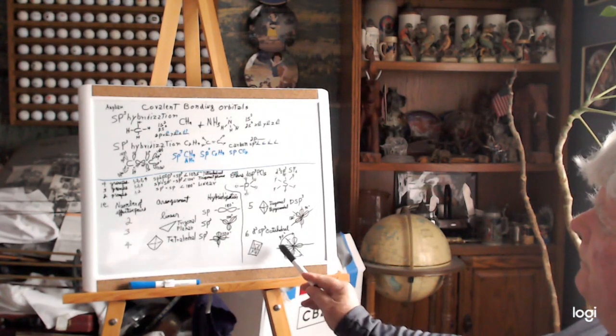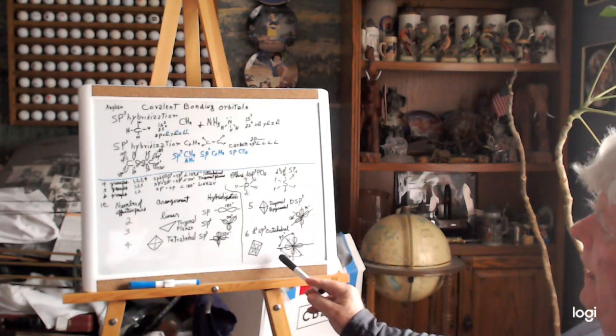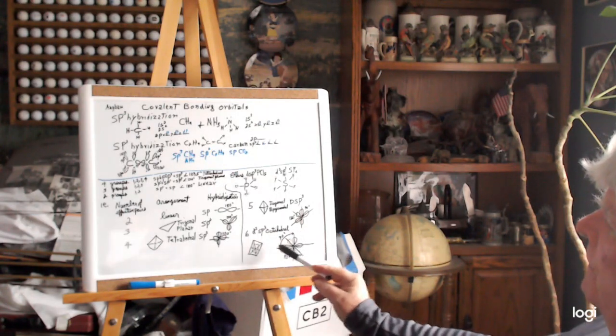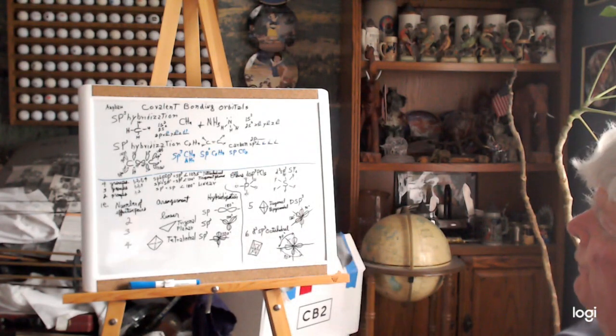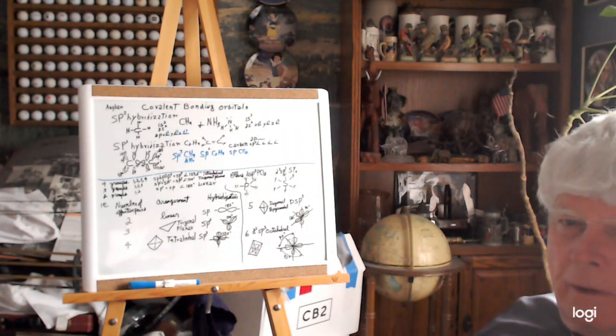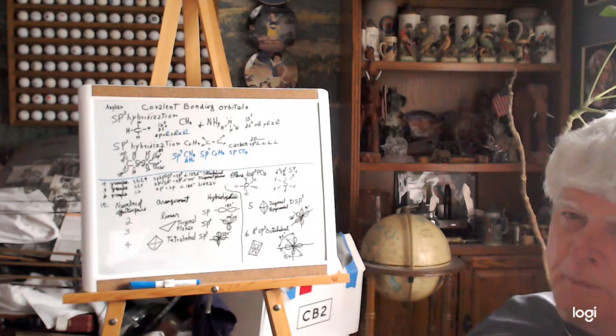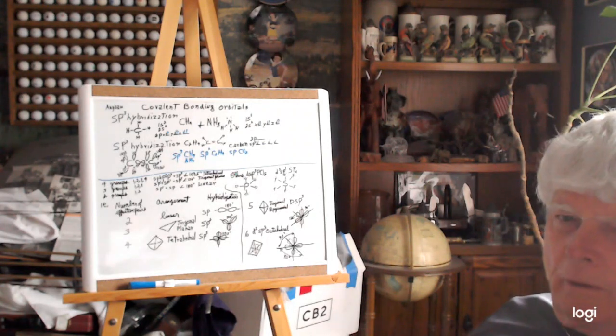And this one in the three-dimensional coming out is 90 degrees, and that one and the two-dimensional in frame is 90 degrees. So you have your 90-degree angles for your D2sp3, which is an octahedral structure.